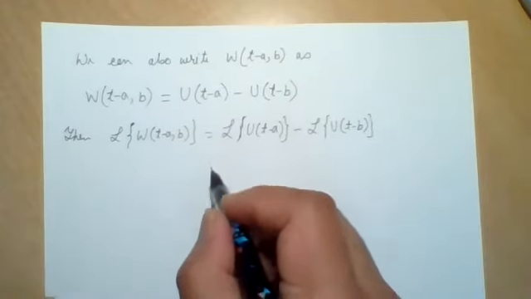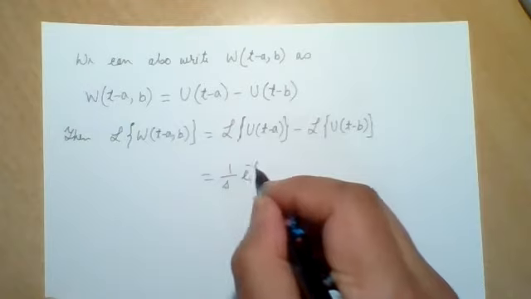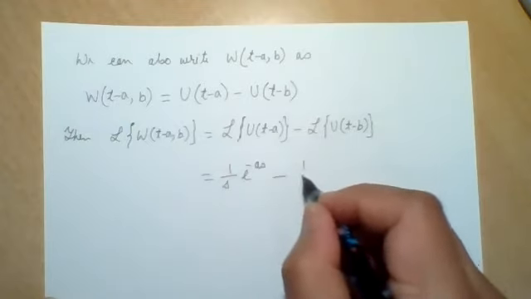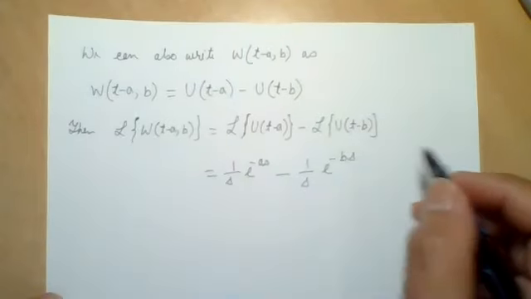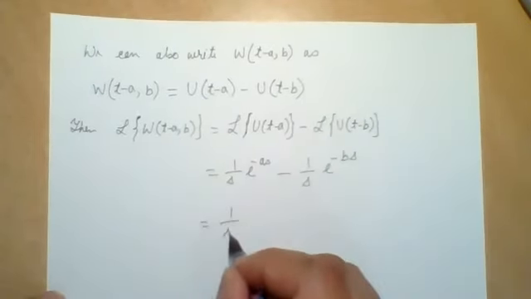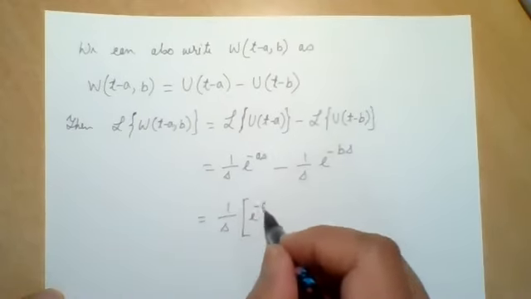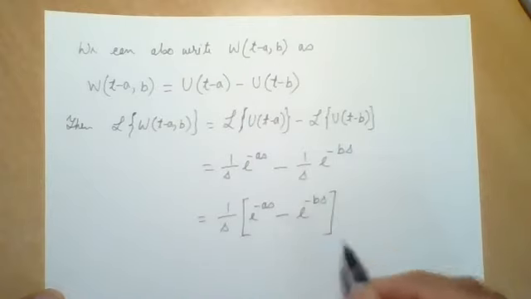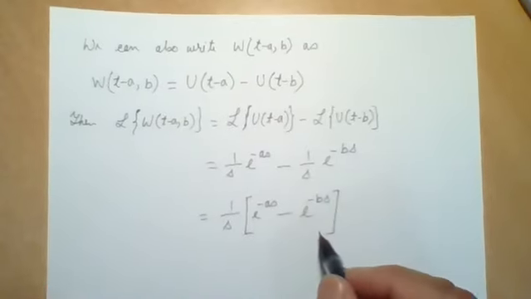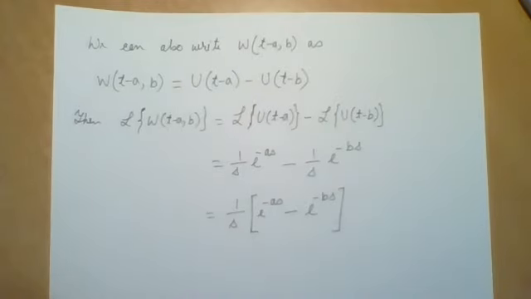And this right hand side is equal to 1 by s e to the power minus as, minus 1 by s e to the power minus bs, which is 1 by s times (e to the power minus as minus e to the power minus bs). This is the same result which we obtained just a few moments earlier. So this is fine.